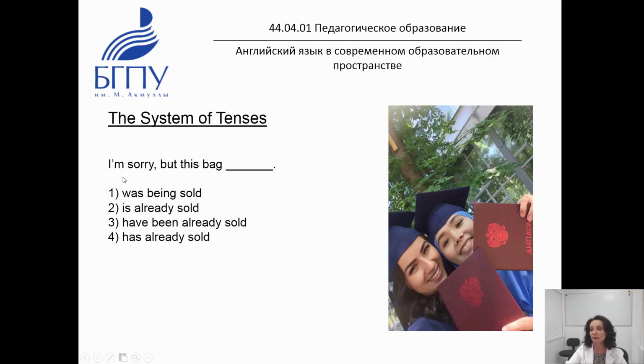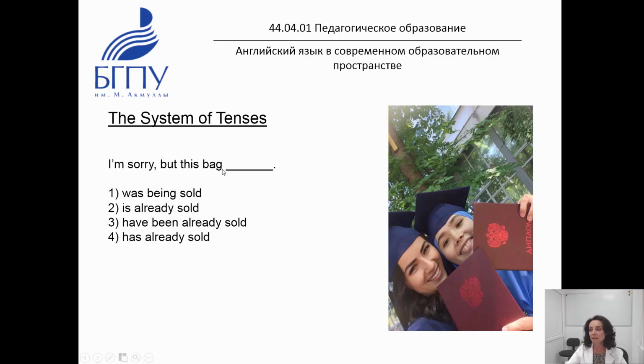Now, let us consider the general context. And the general context is in the present tense. That's why point 1 is not correct since it is in the past. Let us consider number 3. Number 3 starts with have, and have is associated not with the singular but with the plural.